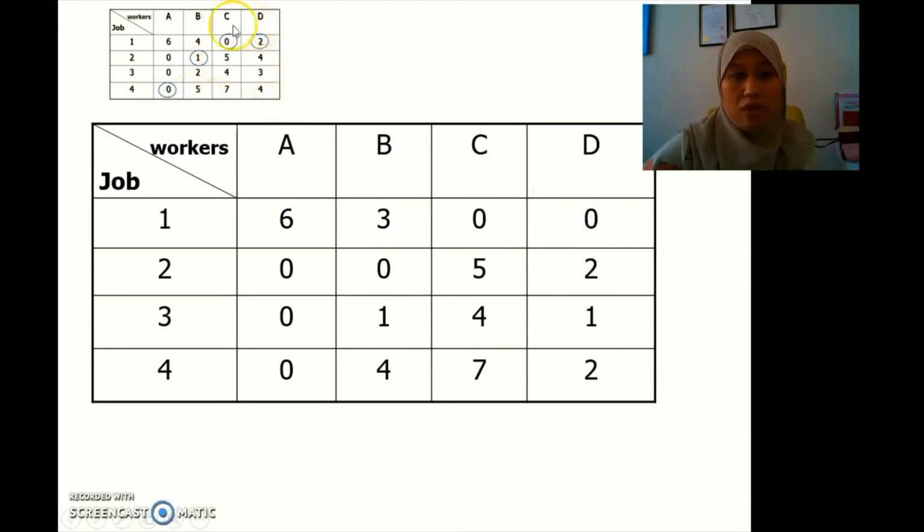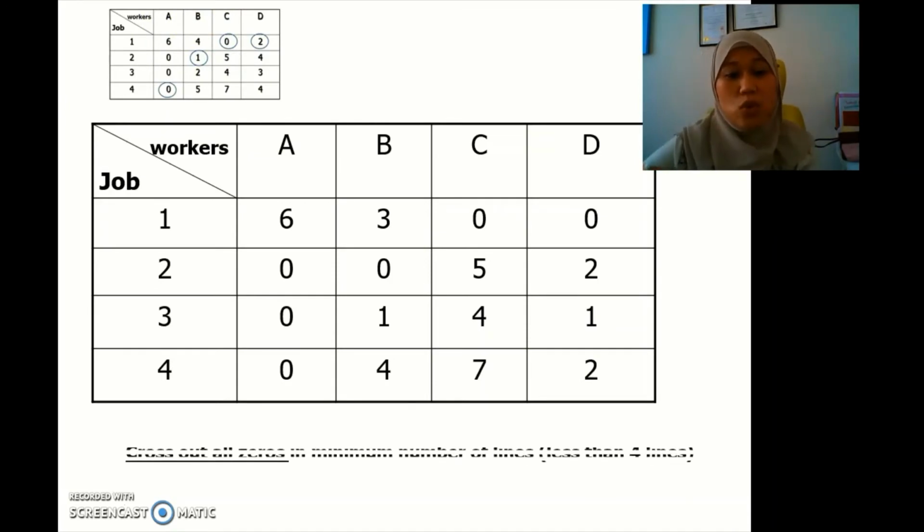And this table is from the previous, right? Okay, so the next step, okay, listen carefully. What you have to do next is to cross out all the zeros in this table with the minimum number of lines.